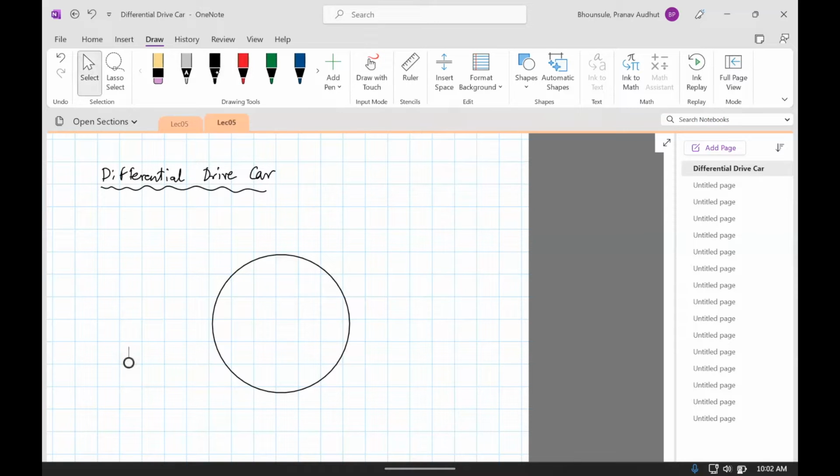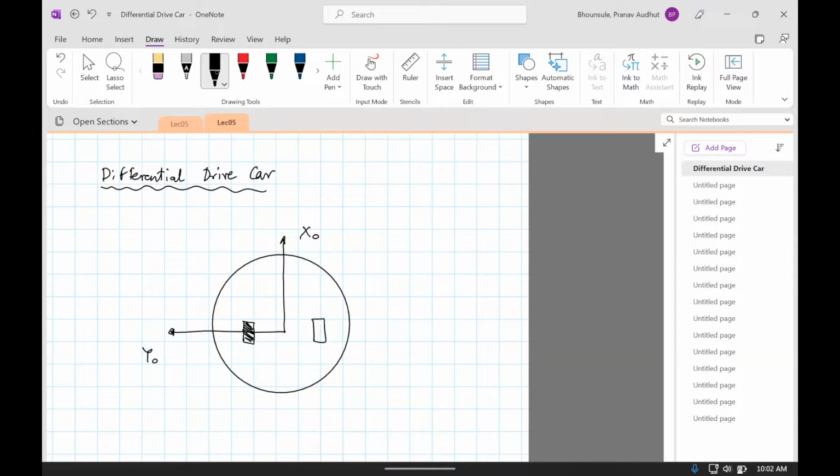And what I'm going to do is just going to draw an axis. Say this way. Yeah, I'll put the wheels. This is a top view.